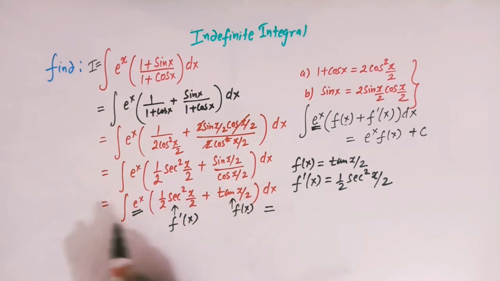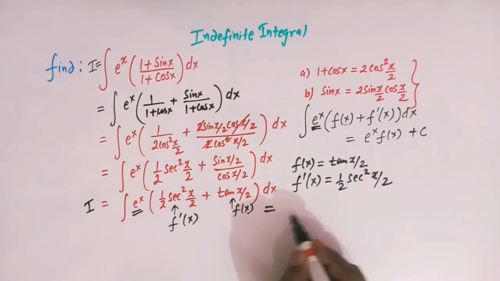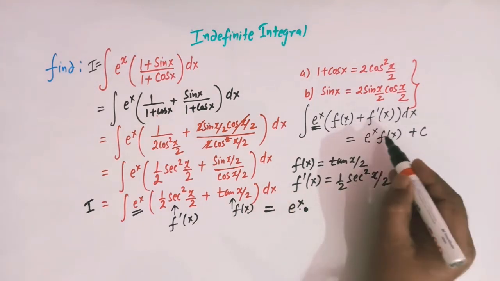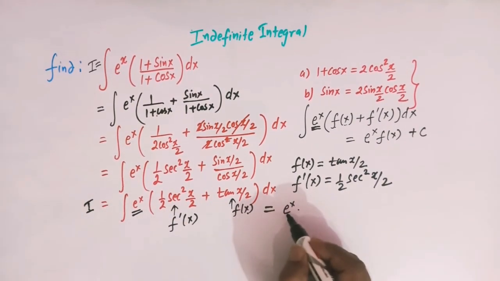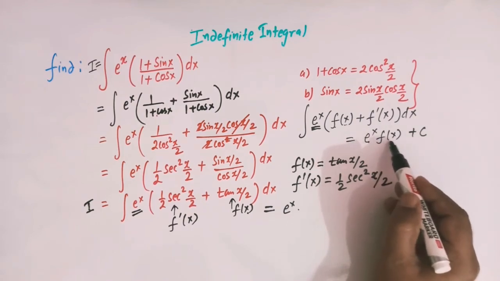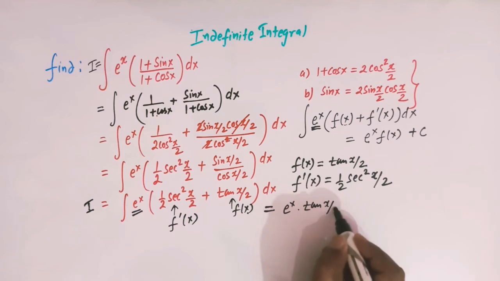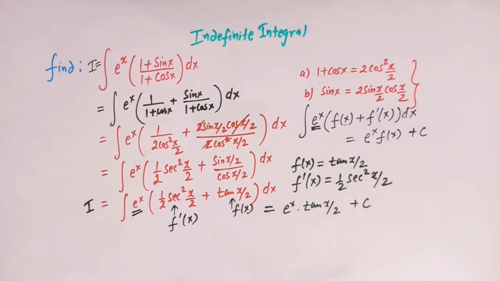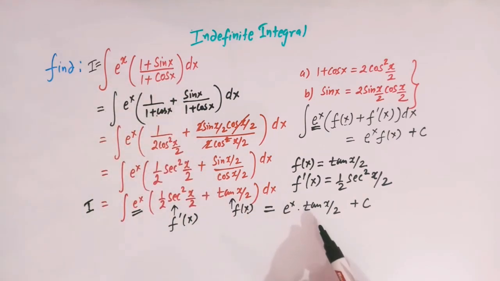So now we can write the value of this integral I as e raised to x multiplied by f of x, and f of x is tan x over 2, and we have c as the constant of integration. Viewers, this is how we can solve this integral.